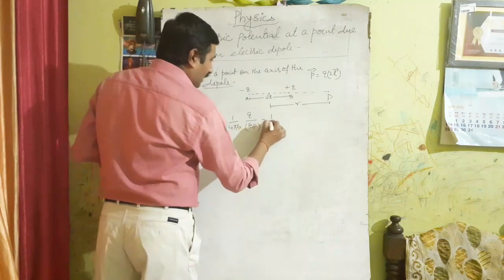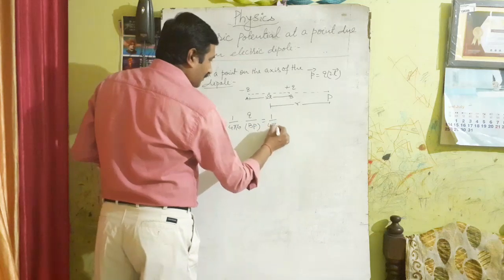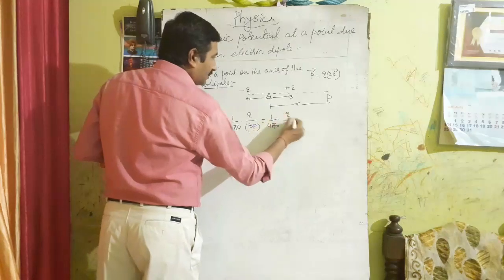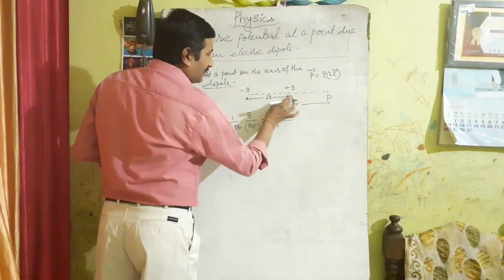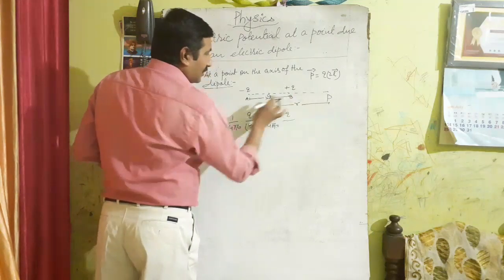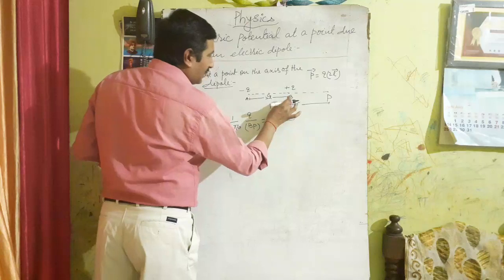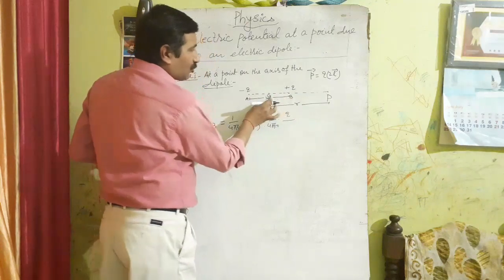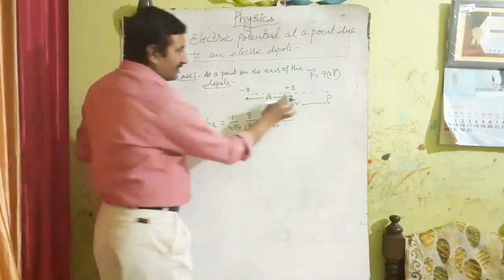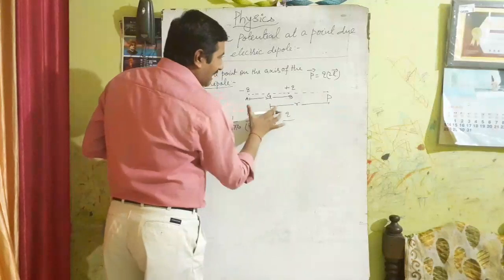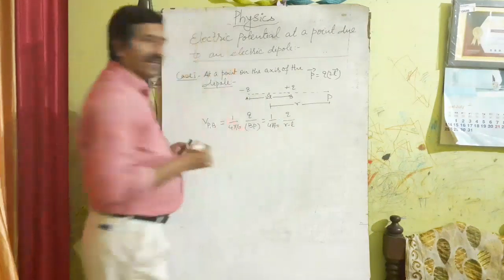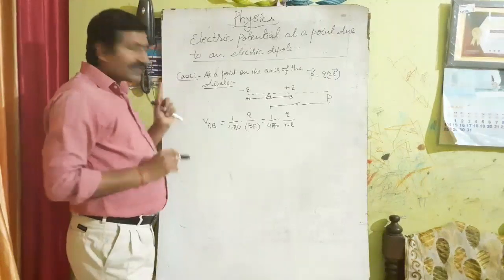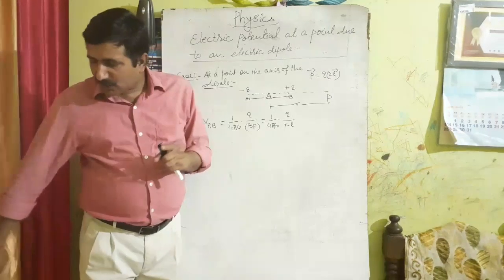This is equal to 1 by 4 pi epsilon naught, q by, you see this BP is equal to OP minus OB. OP is r, O is the midpoint of AB and AB is 2l, so OB will be l. This BP can be written as r minus l. As electric potential is a scalar quantity, it will have no direction.